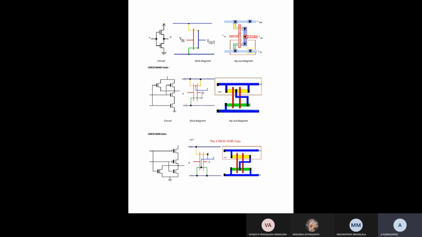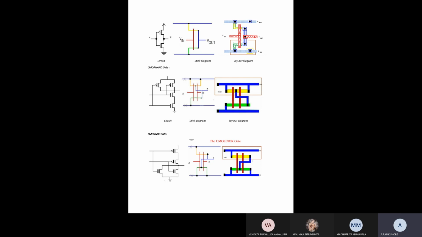To connect both the p-type and the n-type transistors, we draw polysilicon lines between the p-type and the n-type transistors. Here we have two inputs, so we give two polysilicon lines, for the A input and the B input, and in between the p-type and the n-type we take the output with the help of a metal contact.